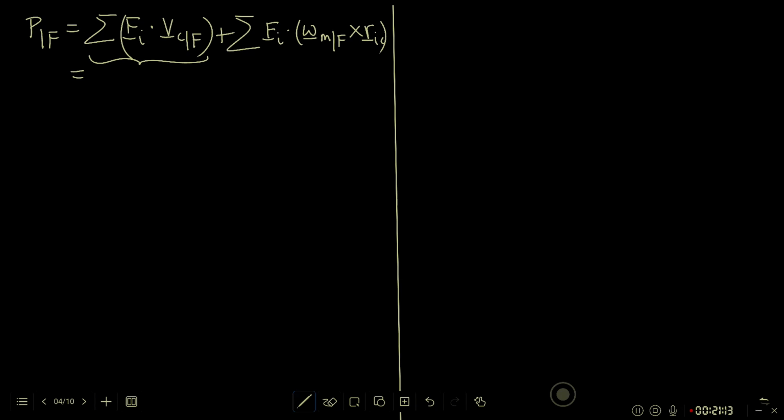You go from I equals 1 to n, Fi keeps changing, but VCF is not dependent on the index I, and thus I can pull that out of the summation and write this as simply this. Now this is the net force on the RB, and I am going to write it as F dot VCF.